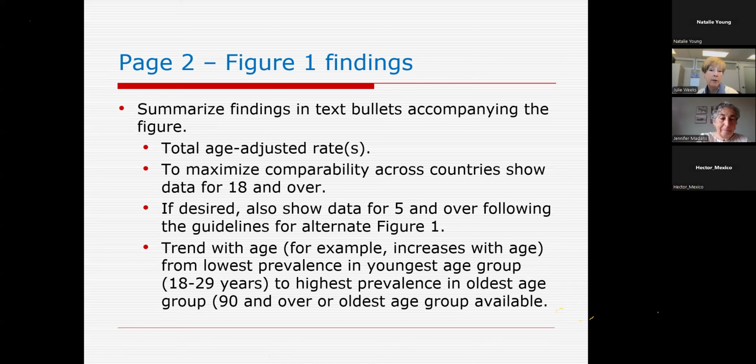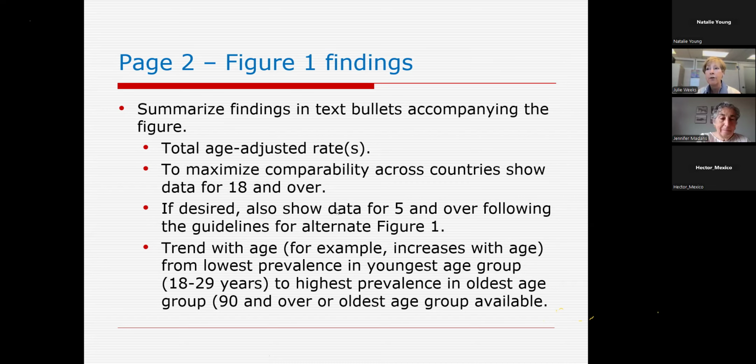If there is a bar showing the 5 and over, a bullet of text can be included that reports on the overall age-adjusted estimate for the 5 and over population. And then we have a sentence about the pattern of disability prevalence by age, which in general, certainly for the United States, but for many countries, is that the estimate of disability increases with age, with the lowest prevalence among the younger age groups and the highest prevalences, of course, among the older age groups.